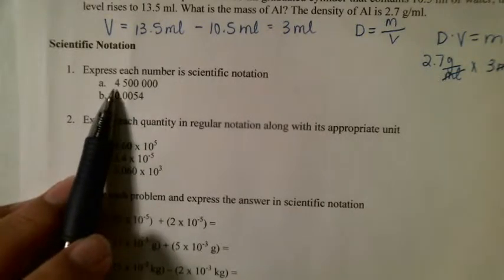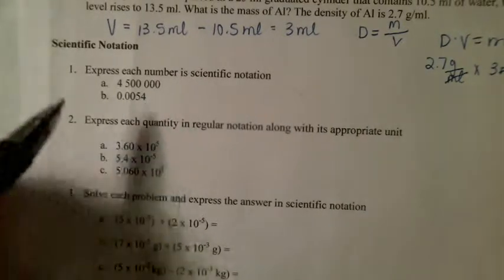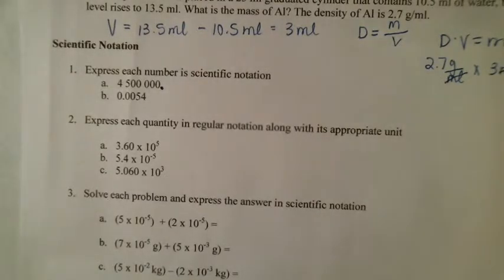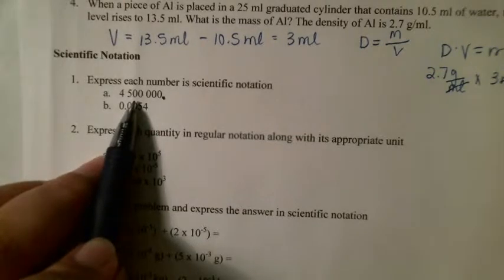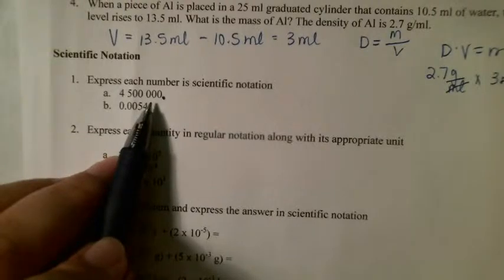We can't see a decimal point in it, but we know the decimal is implied right there at the end of the number. Now this number is much greater than 1. So since the number is greater than 1, if we are going to write this in scientific notation, the exponent will be positive.